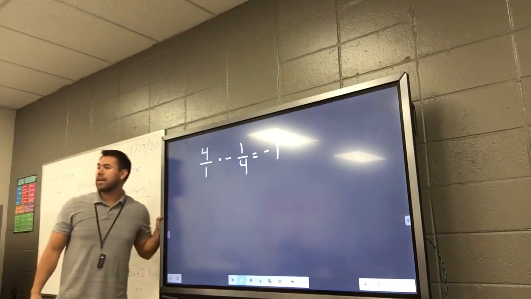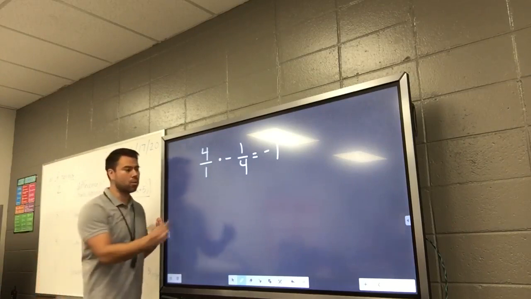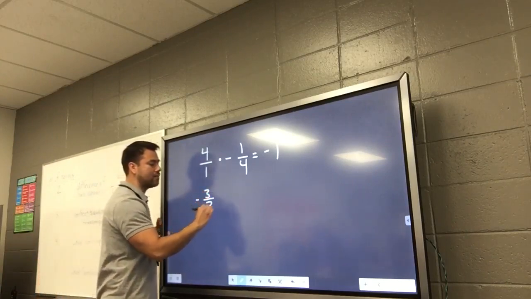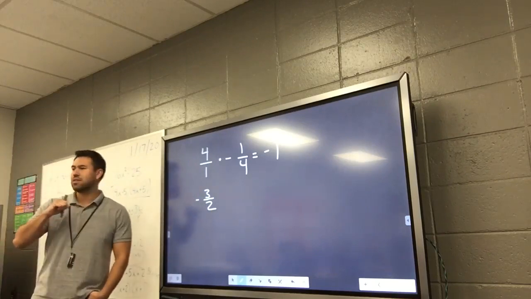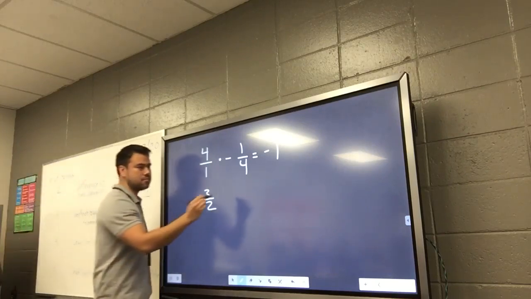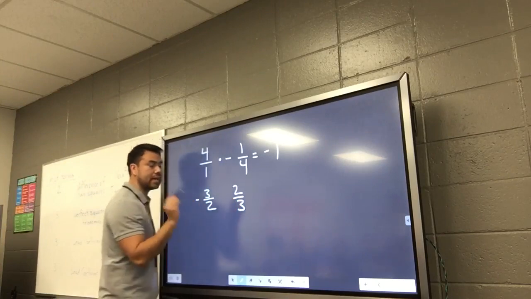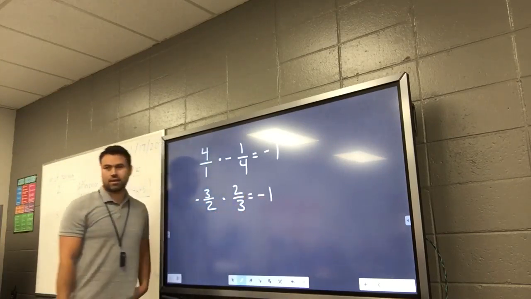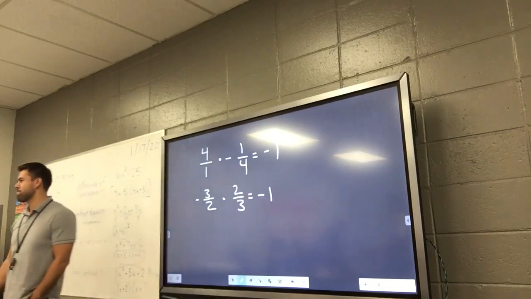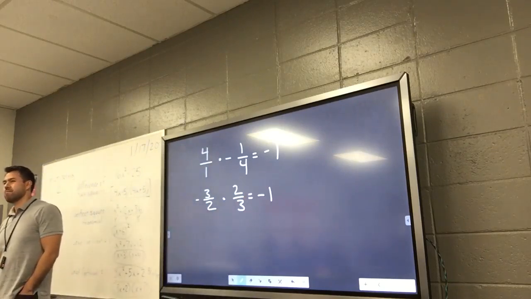All right, who can give me the negative reciprocal of negative 3/2? Positive 2/3. Because when I multiply them together, what should I get? Negative 1. All right, here we go.